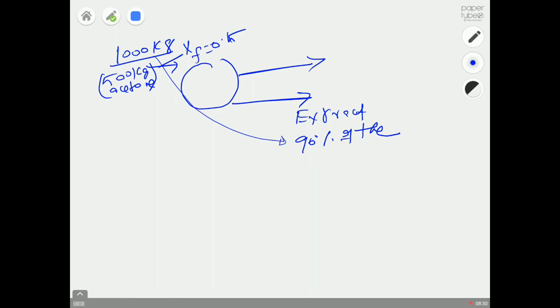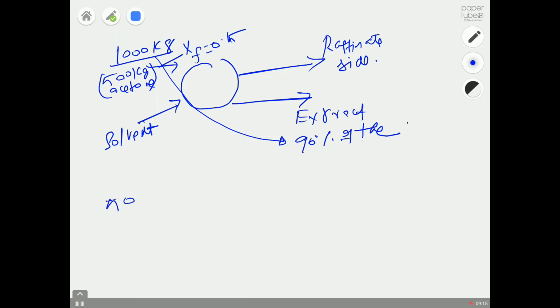We also have our solvent side, and then we also have our raffinate side.